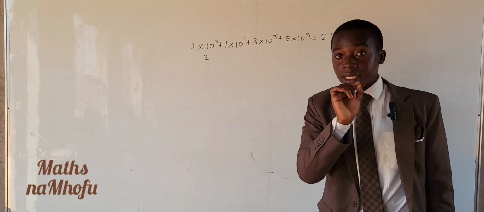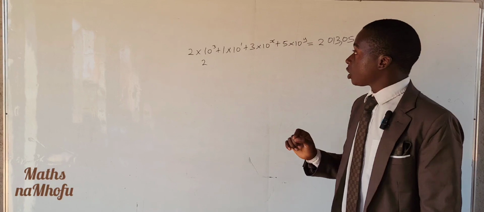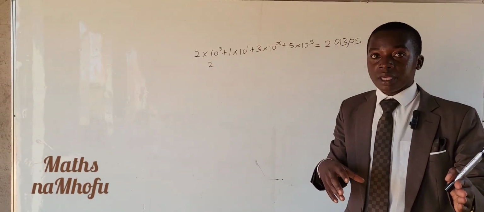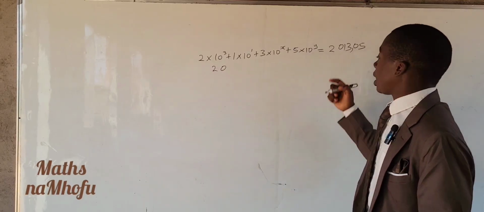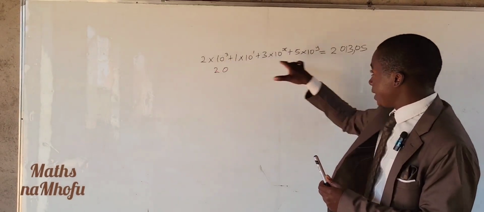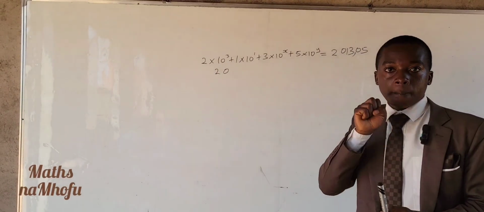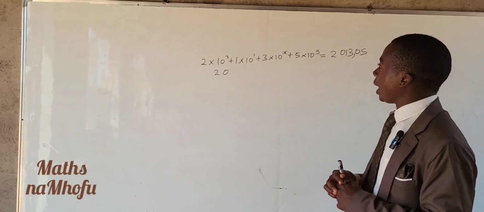It means that number is 0, because remember, 0 times anything you get a 0. So we write the 0, which is this one. I want us to convert this to that so that we just pick, oh, this is x, this is y.